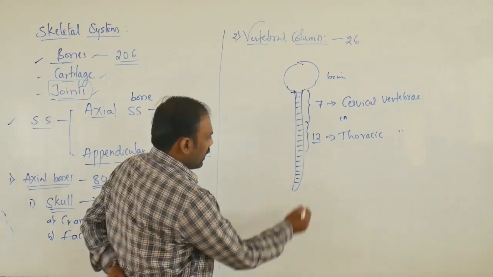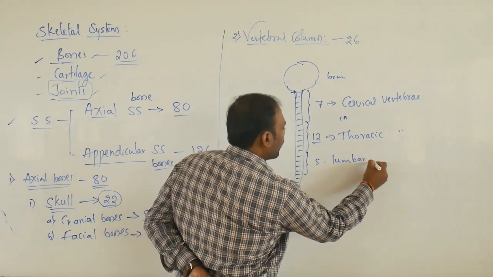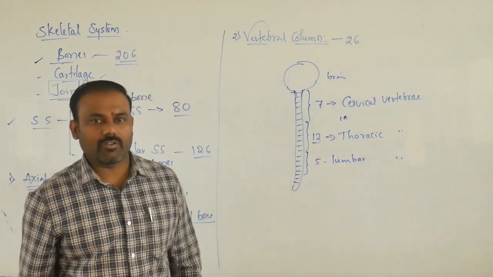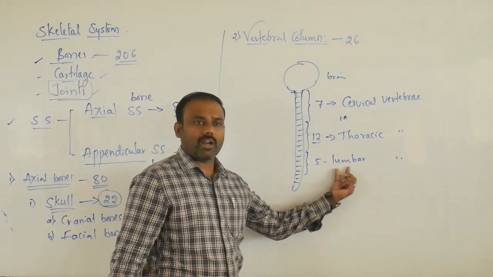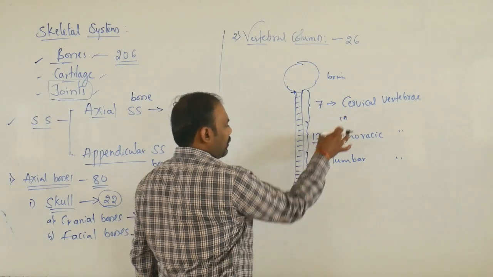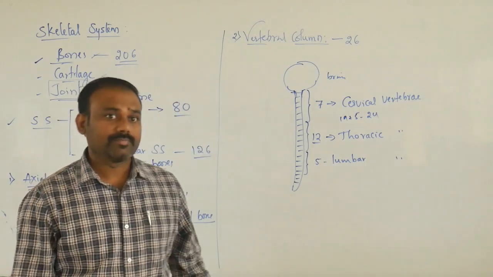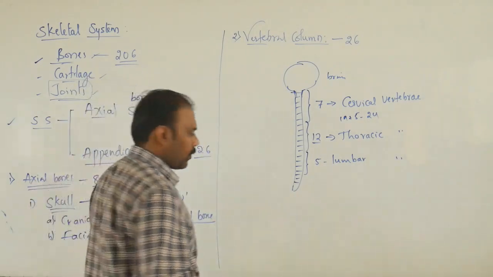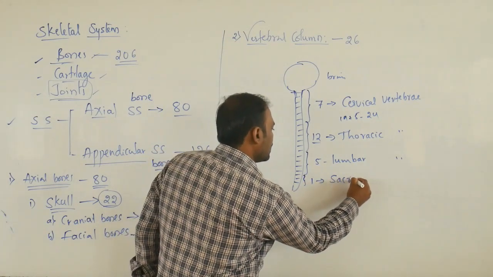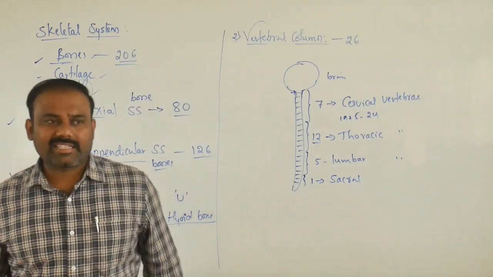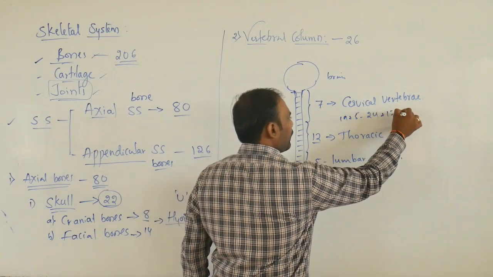Yes or no? Next, after thoracic, we will be having 5 lumbar vertebrae. Lumbar or lumbar, whatever the pronunciation, the spelling remains the same. So after thoracic, we will be having 5 lumbar vertebrae, and 19 plus 5 equals 24. And after 5 lumbar vertebrae, we will be having one, that is sacral vertebrae, and 24 plus 1 is 25.